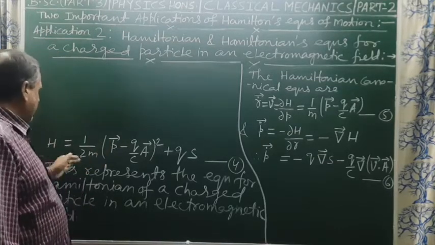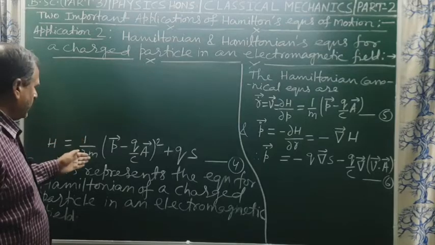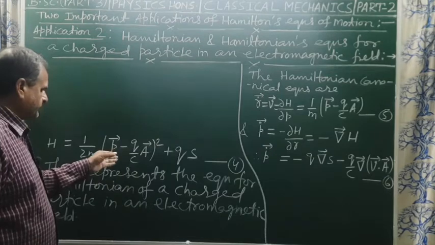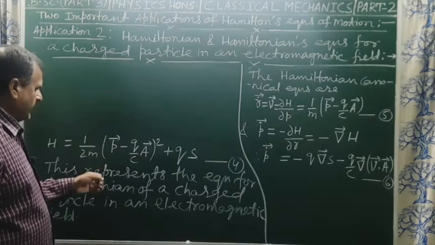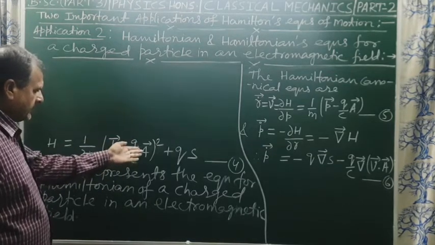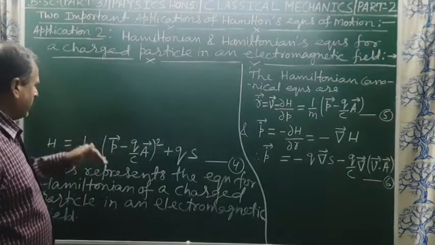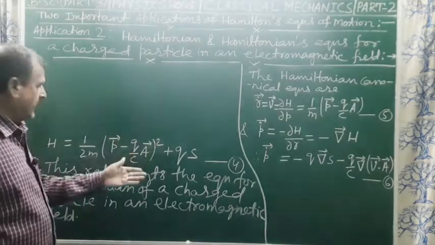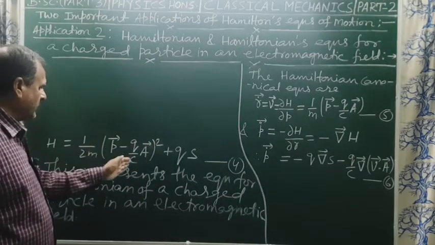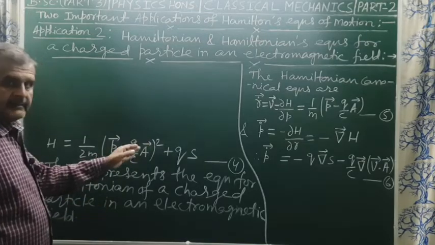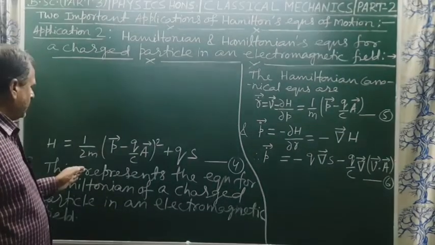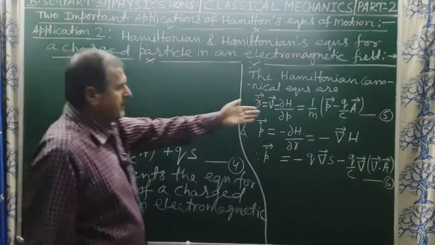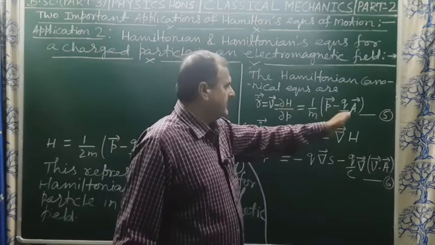So ∂H/∂p, after differentiating, we have 1/2m into 2(p vector minus q/c A vector), and now ∂p/∂p is 1, while the differentiation of the second term is 0. So we are left with only 1/2m into 2(p minus q/c A), where A is the vector function. The 2 and 2 cancel out, so we are left with 1/m (p vector minus q/c A vector).